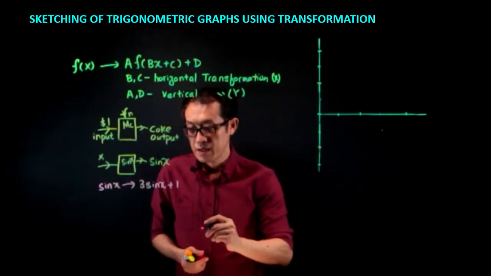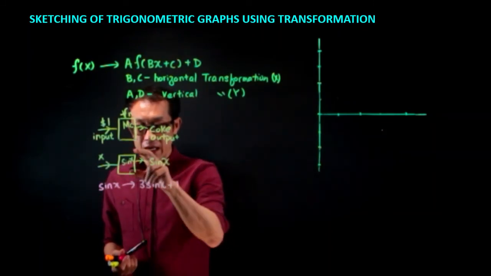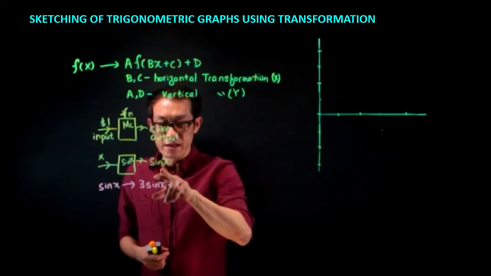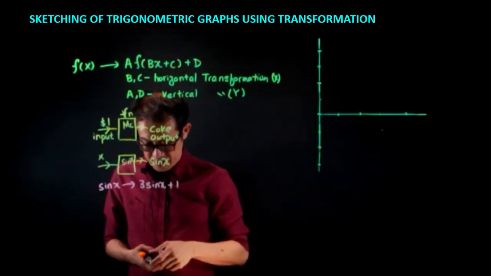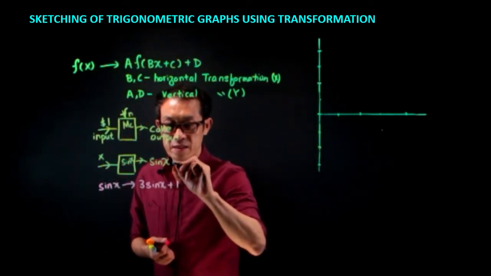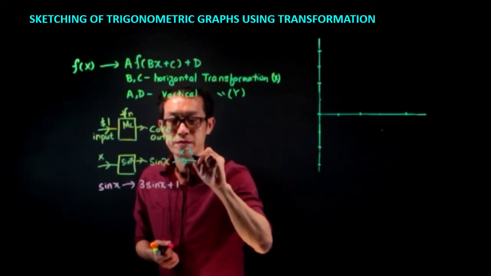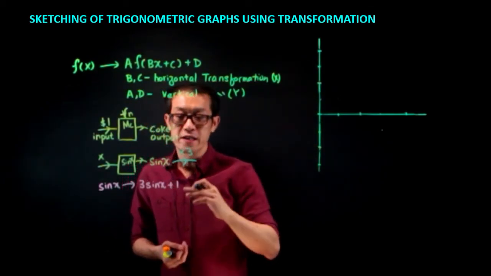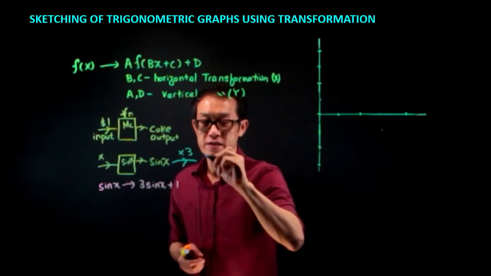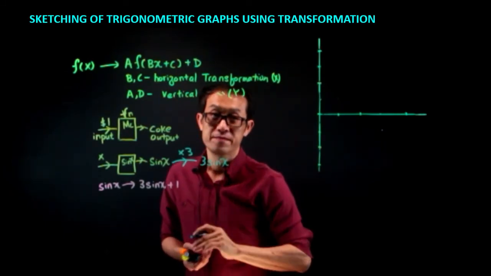I use this example again. You put in x, you get sine x. And then you multiply it by 3. So every value of sine x, the output, you times 3, so you get 3 sine x.